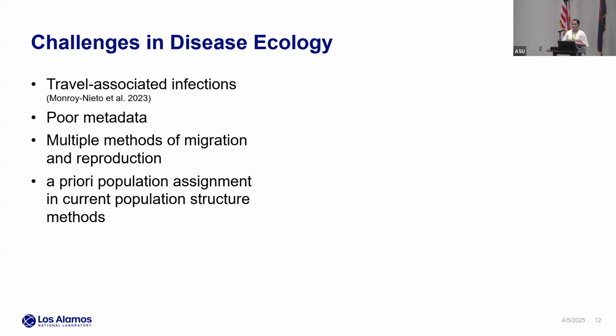And some pathogens have multiple methods of migration and reproduction that can complicate those signatures of population structure, and also complicate how we might use commonly used tools that sometimes require a priori assignment into populations prior to analyzing them. And some species don't always exhibit tree-like structure.